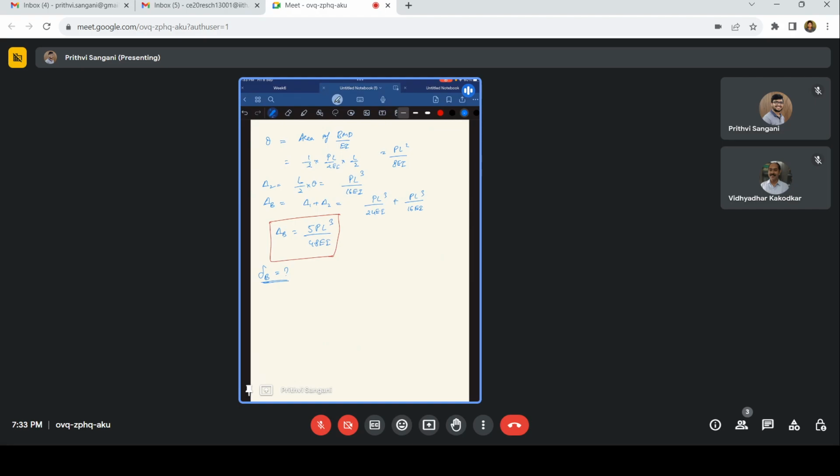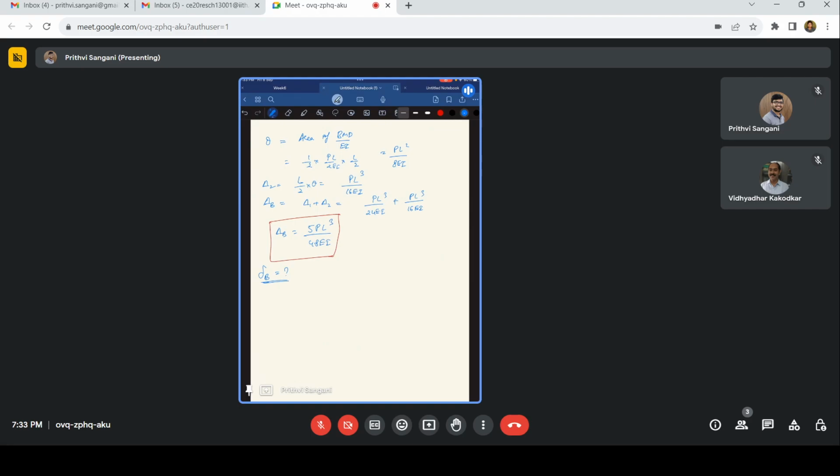Delta B because of the load; from this time onwards, let me call the deflection due to VB delta B dash, and because of the moment also we'll have a deflection, delta B double dash. So delta B plus delta B dash plus delta B double dash is equal to 0.